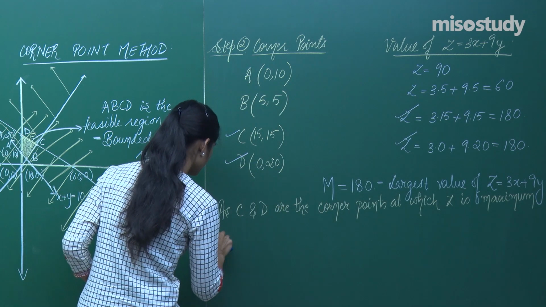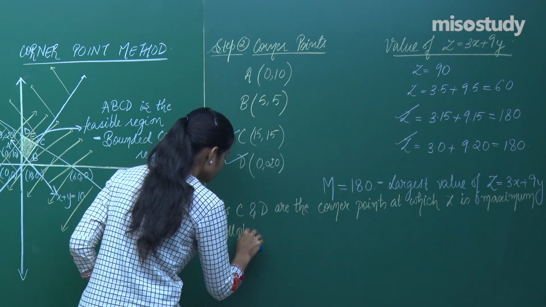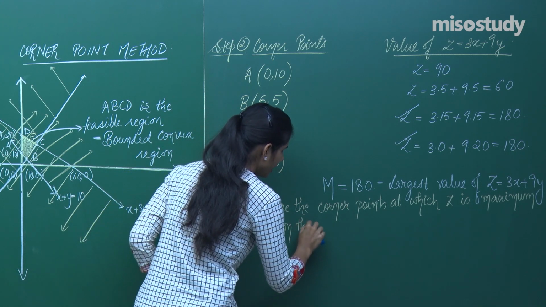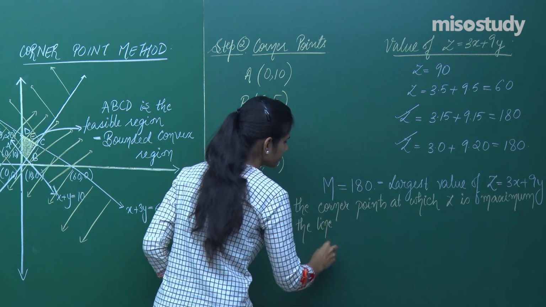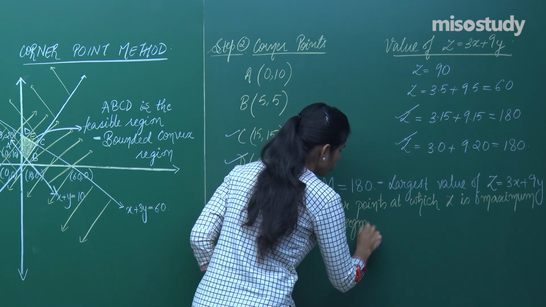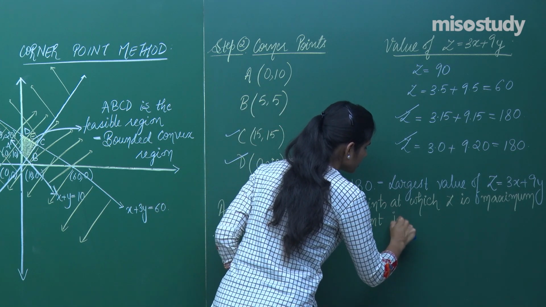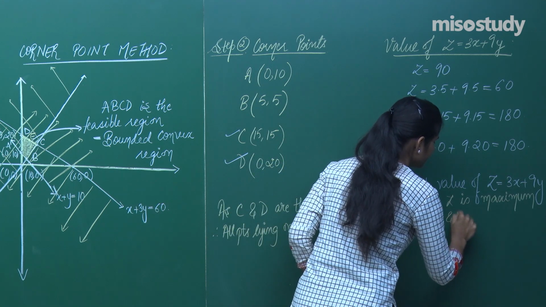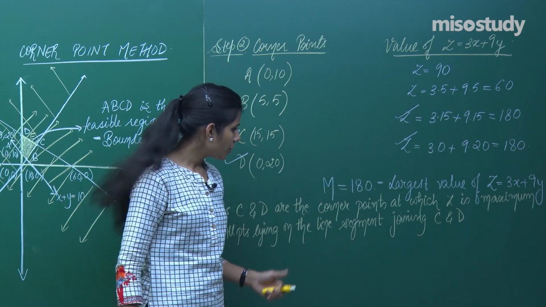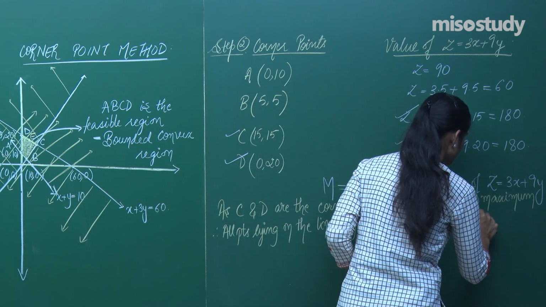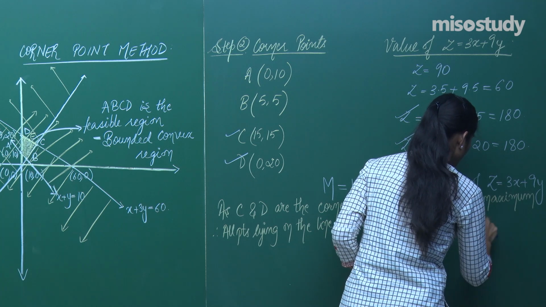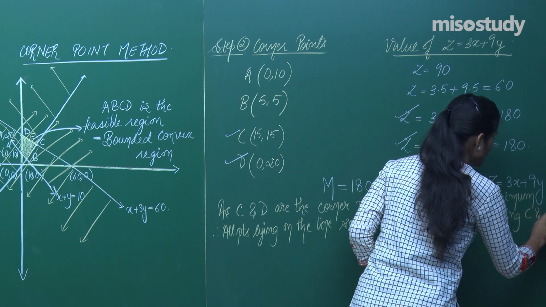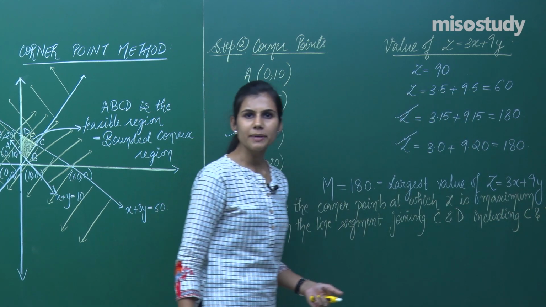Therefore, all points lying on the line segment joining C and D, including C and D, because at C and D you are already getting 180, that is the maximum value.